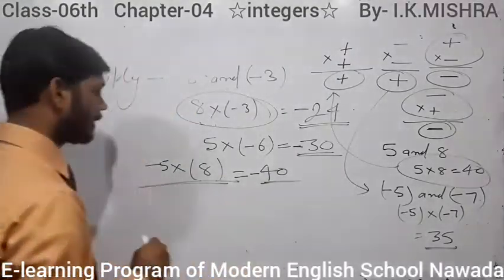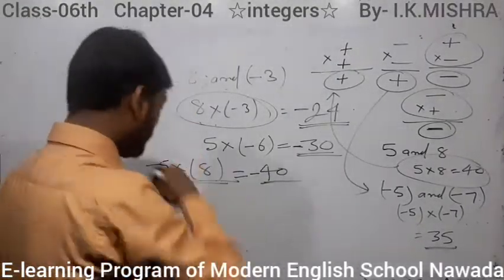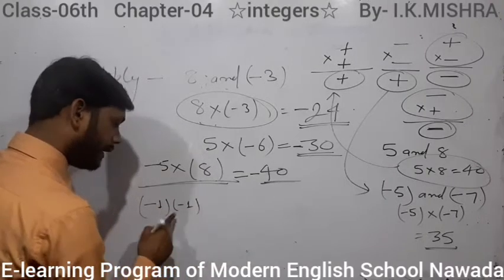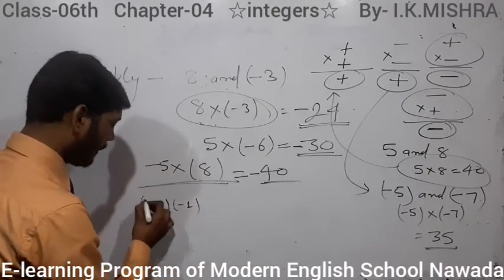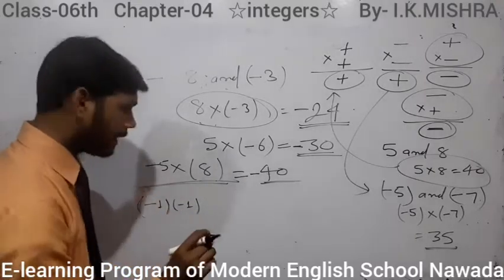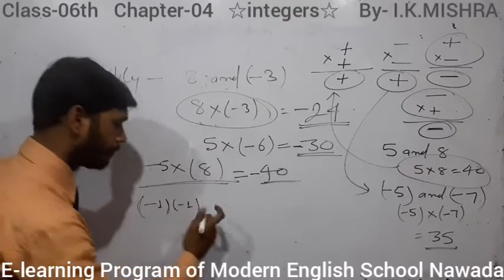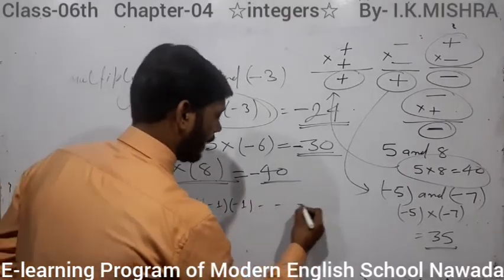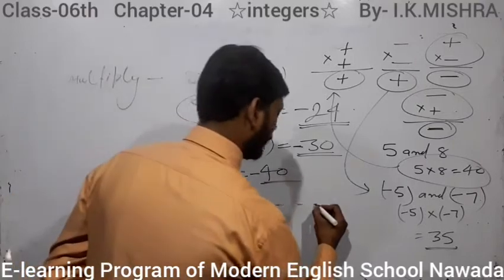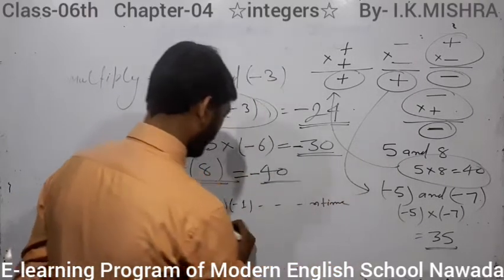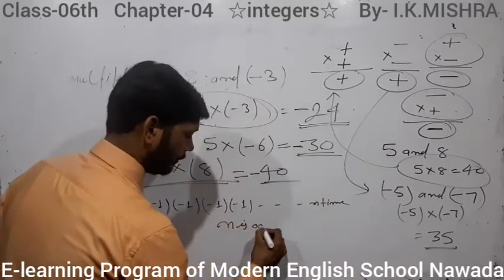Suppose, students, you have to multiply minus 1 and minus 1. Here, when two brackets have no sign between them, you have to understand that the multiplication sign is hidden. Here minus 1, n times, and here n is odd.